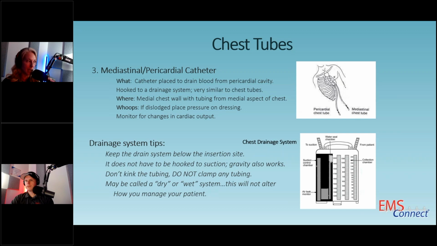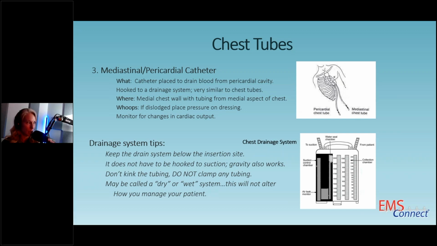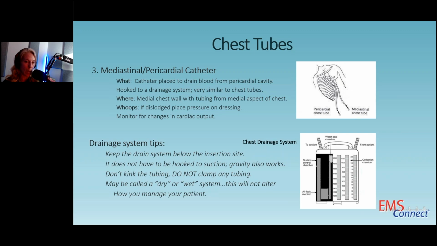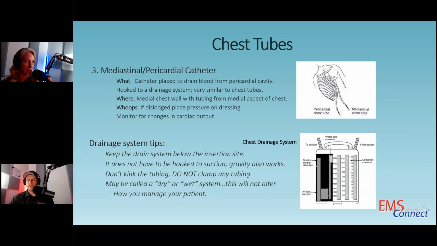That means you just take that chest tube system, and you make sure that you keep it lower than the patient's chest. So you can hang it on the stretcher. You can hang it down lower as long as that unit's lower than the insertion site, and just roll with it. It's just that easy. Monitor that you don't get it pulled out, and that you have it unclamped.